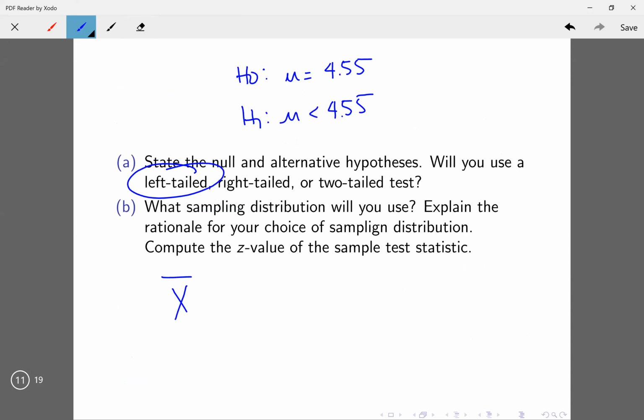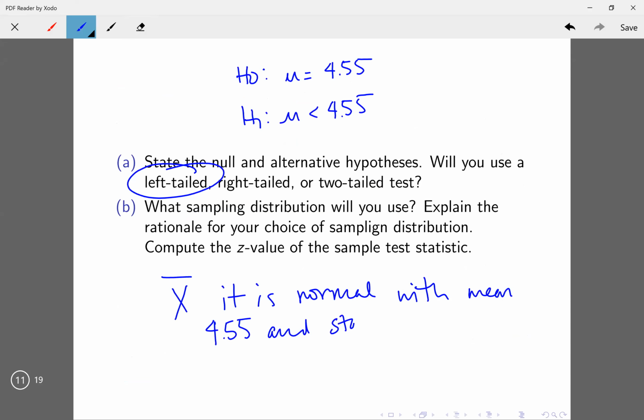And what do we know about this? It is normal with mean 4.55 and standard deviation 0.7 over the square root of 6.